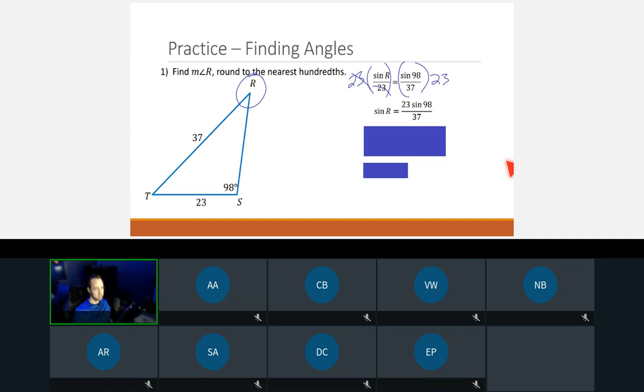Yes, so arc sine. Yep, we're going to arc sine both sides. Our goal is to solve for r, so arc sining both sides leaves us with r on the left side and then the arc sine of that stuff on the right. So now from this step, we can go ahead and type it in.